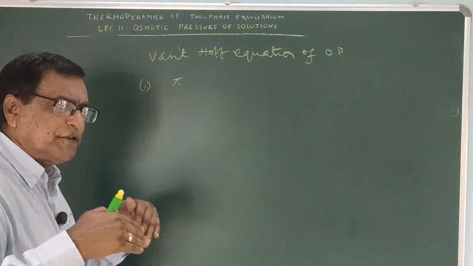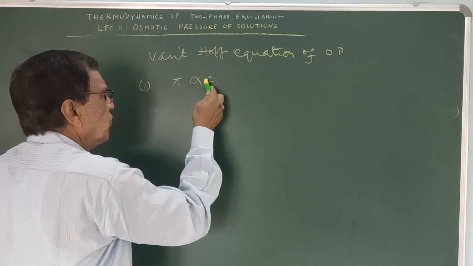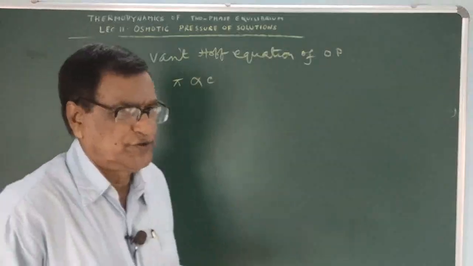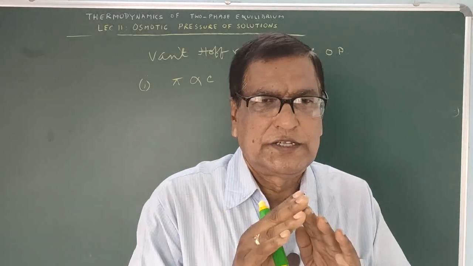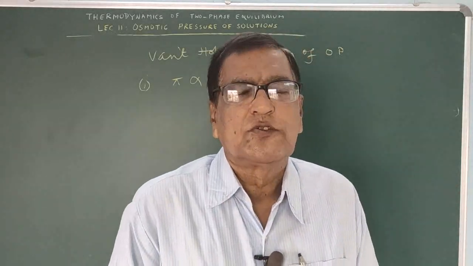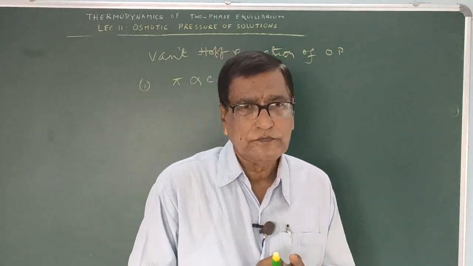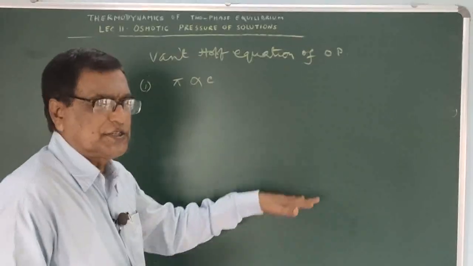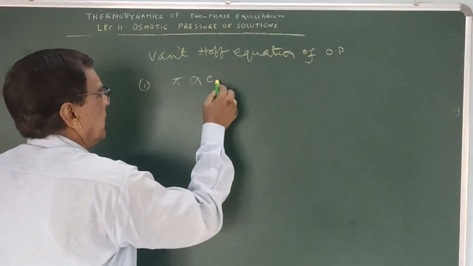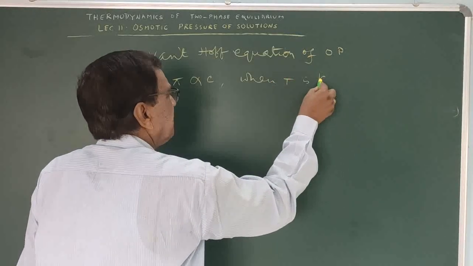He found that the osmotic pressure of a solution is proportional to C, the molar concentration of the solution. Here there occurs no change in temperature, so molar concentration may be used to represent the concentration of the solutions when T is kept fixed.